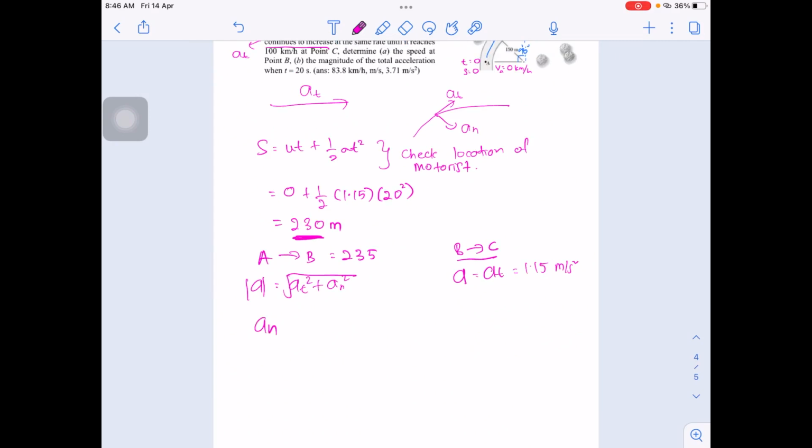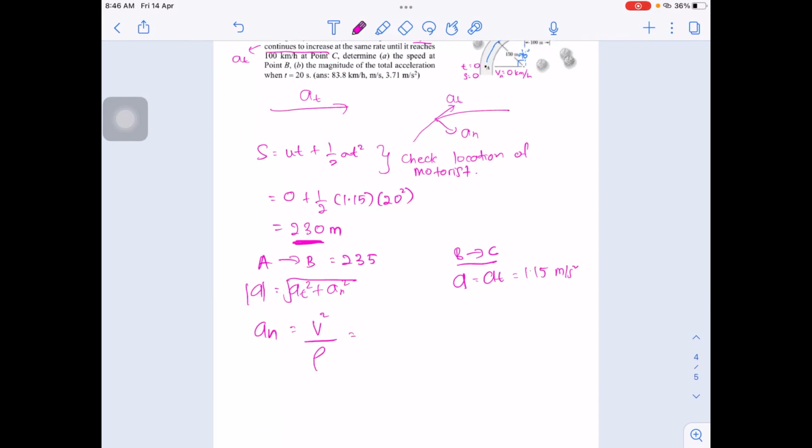So AN is equals to V squared over rho. Rho is given as 150 meter. So you just need to find the velocity when T is equals to 20.